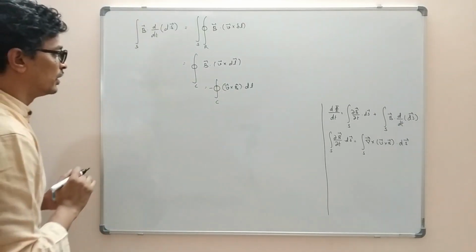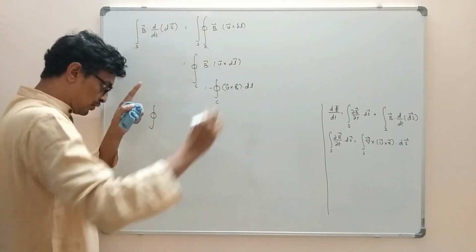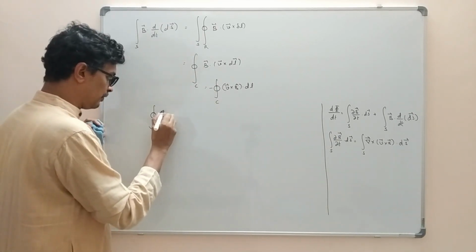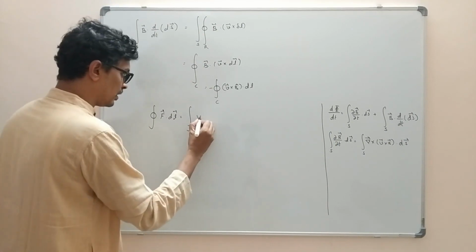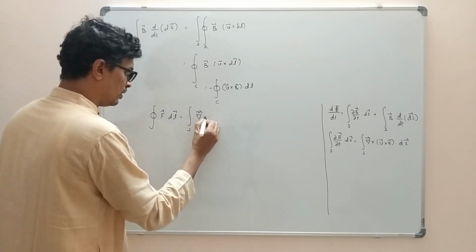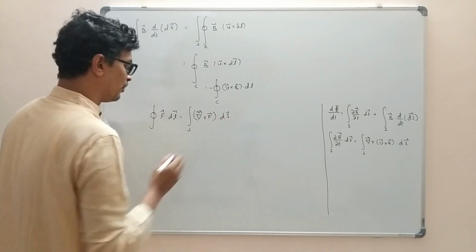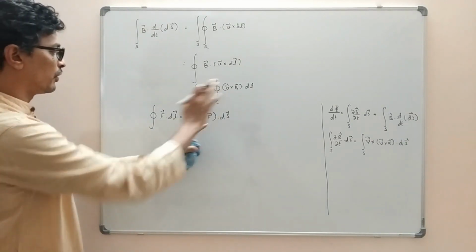Now if I use Stokes theorem, so we know the line integral over the closed contour of f dot dl will be the surface integral of curl of f dot ds. Here f is nothing but v cross b.